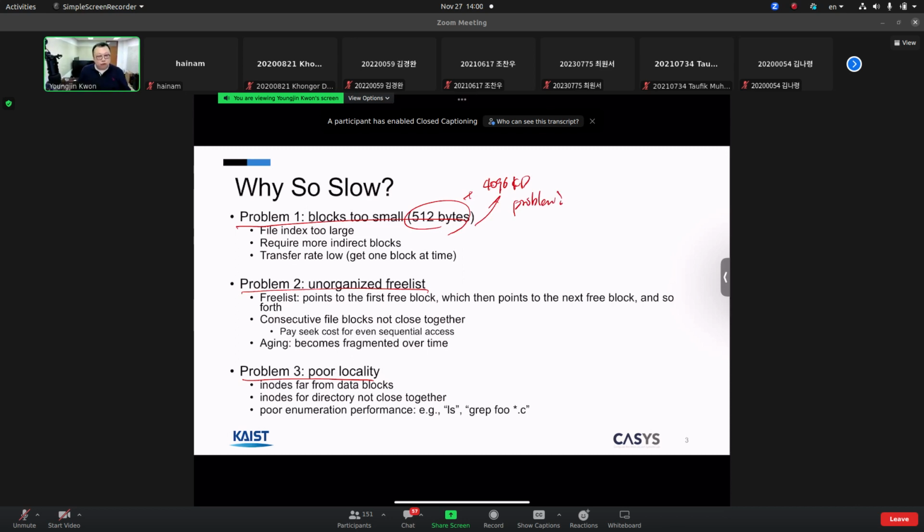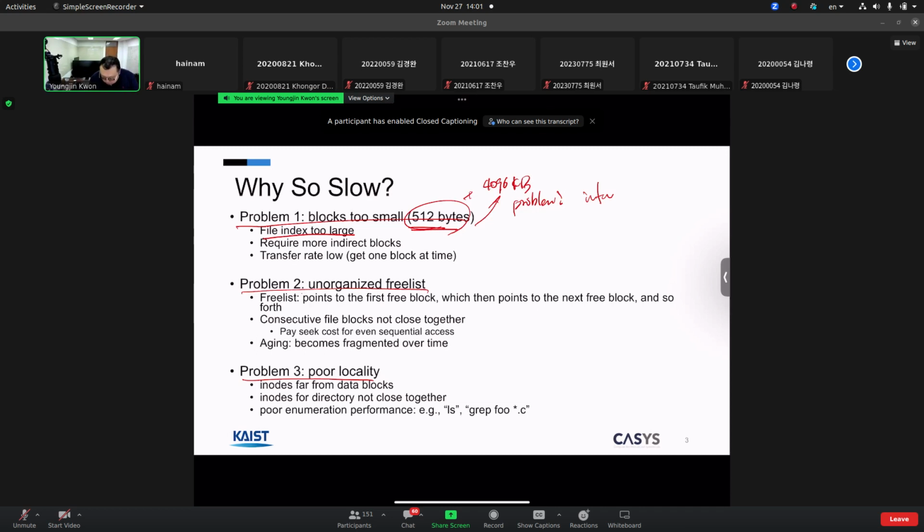Why didn't they increase the block size? Internal fragmentation. Hard disks were really expensive, so internal fragmentation and wasted space were costly at that time. Today it's fine, since hard disks are cheap, but at that point they were really expensive. So they stuck to small blocks. We'll get back to this and discuss these questions one by one.